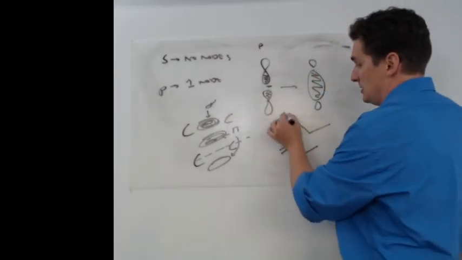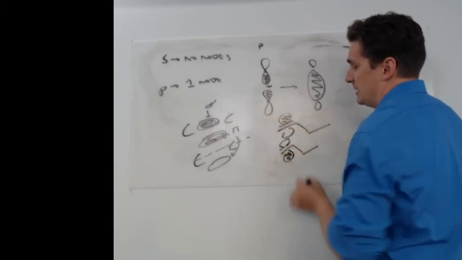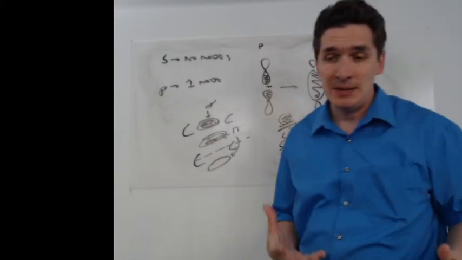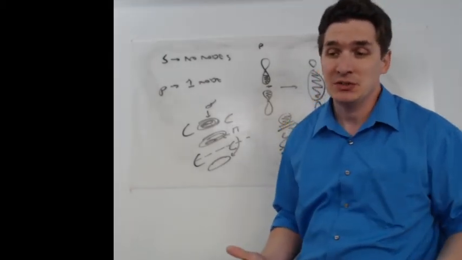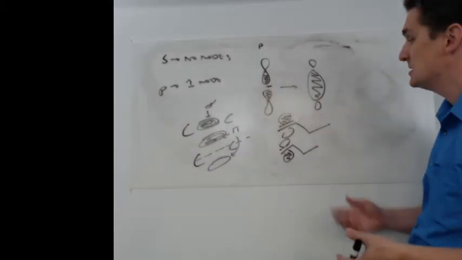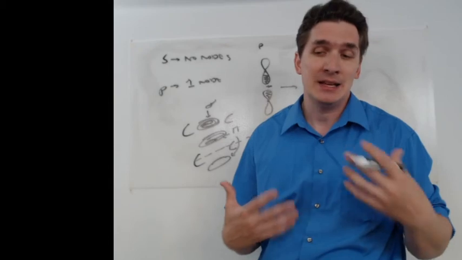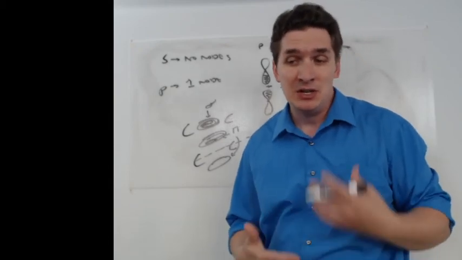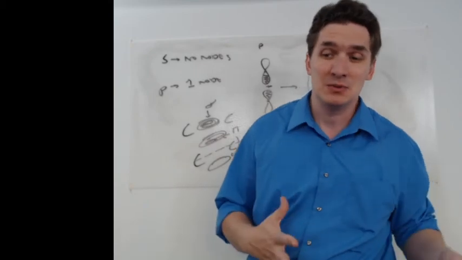If we were to draw the electron density, it would look like that. Because they look like p orbitals, they can act like p orbitals, and their wave functions will overlap and they share electrons. This is where pi back bonding comes from: the pi bonds can act like p orbitals, interact with each other, share electron density, and that's how they form sort of like bonds with each other.